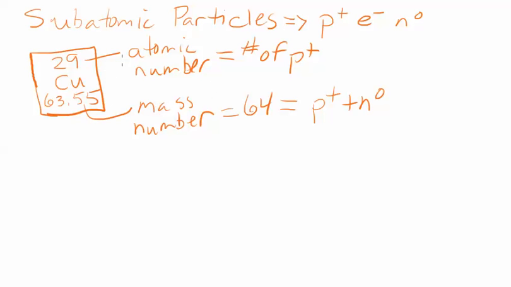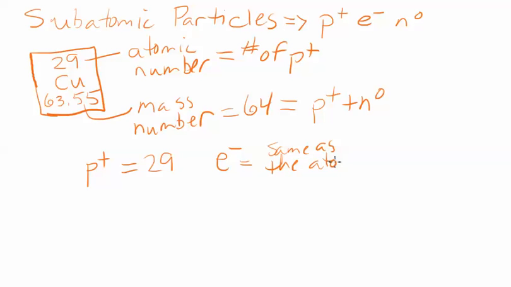So we use this information to figure out the number of subatomic particles. So for the number of protons, we just look at atomic number 29. So we have 29 protons. Now, for electrons, for now, it is the same as the atomic number.